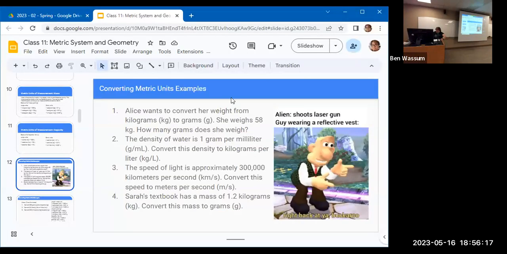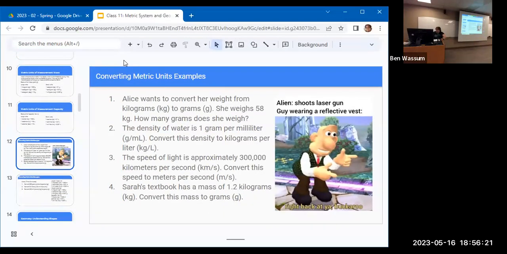Okay, let's do another. This one's a little bit trickier. The density of water. Density of water is 1 gram per milliliter. Convert to kilograms per liter.